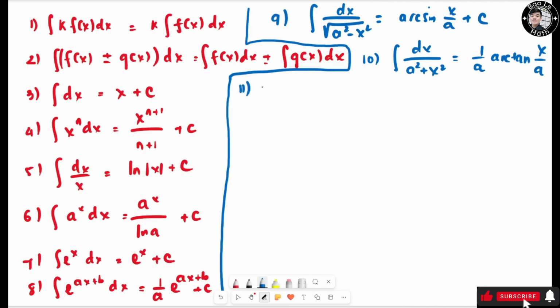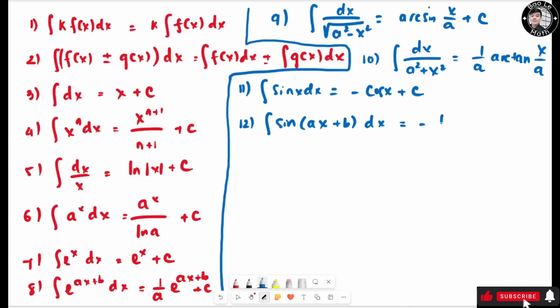Number 11. Antiderivative of sine s ds equals negative cosine s plus c. Number 12. Antiderivative of sine of as plus b ds is going to be negative 1 over a cosine of as plus b plus c.